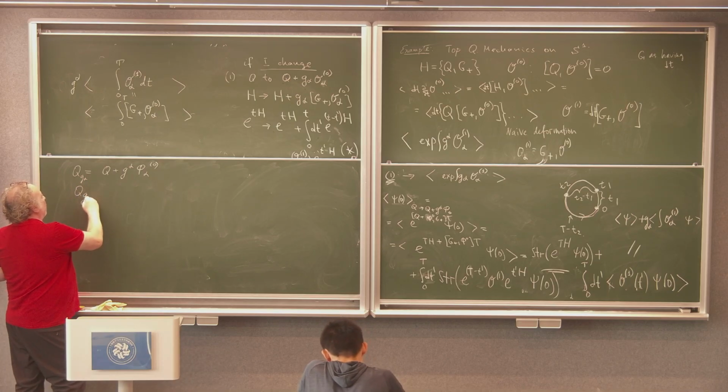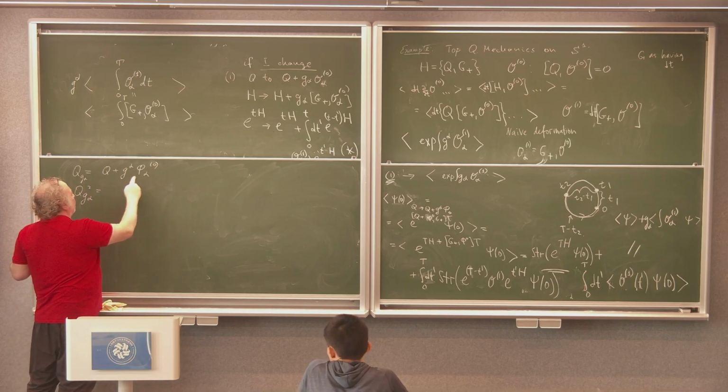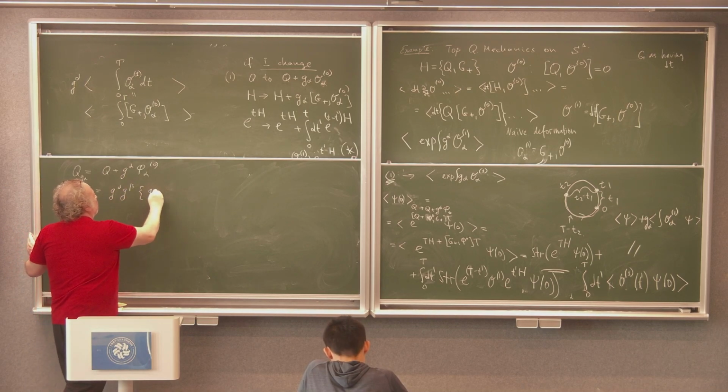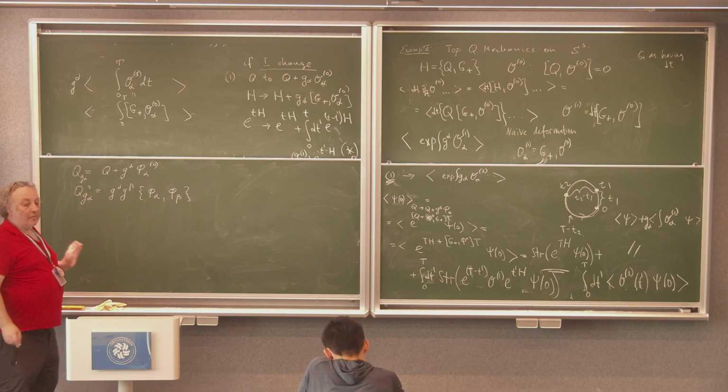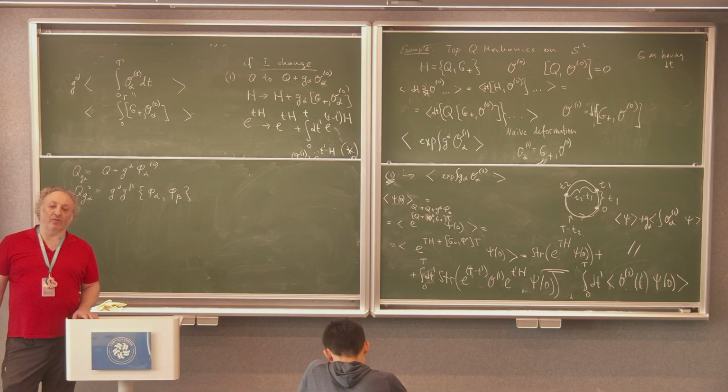Actually, Q plus G alpha phi alpha squared equals Q squared, which is 0, plus G alpha G beta times something. So it means that we started with a topological theory, and in a topological theory, it's very crucial that Q squared equals 0.